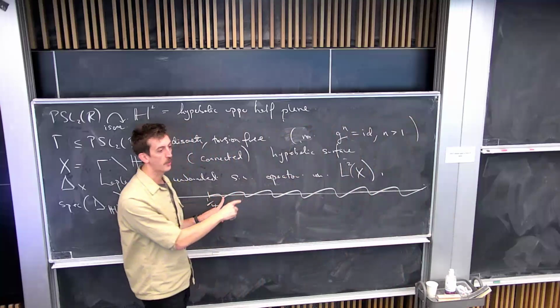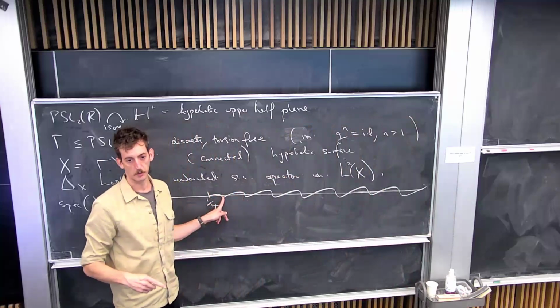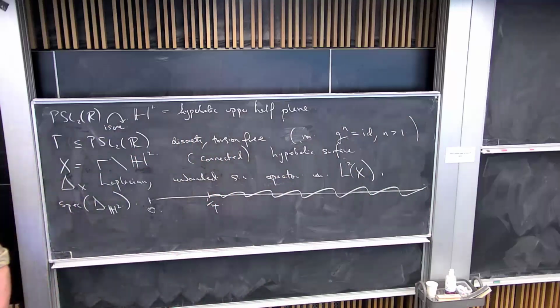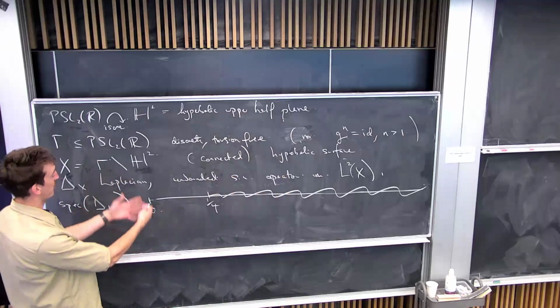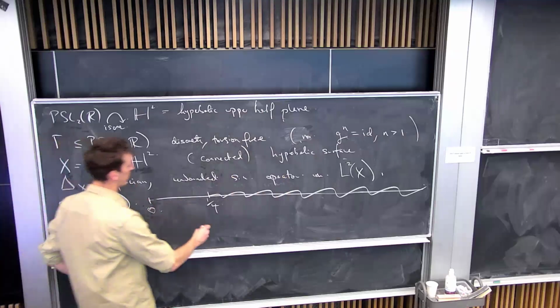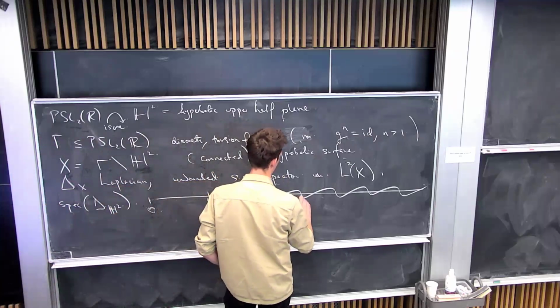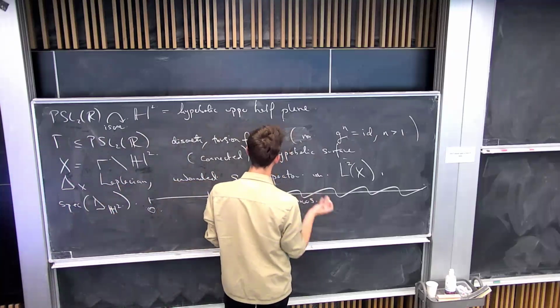This wavy line is my cartoon for absolutely continuous spectrum. The actual pattern of the wave doesn't mean anything. Okay, so this is the simplest thing. I could tell you everything about it if I get to look in the book.